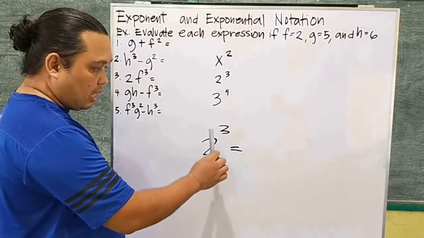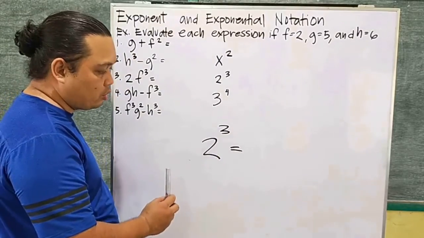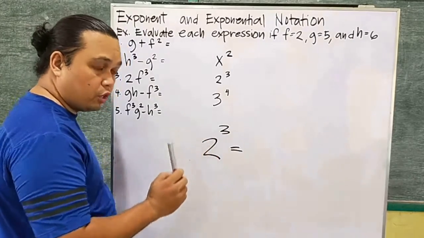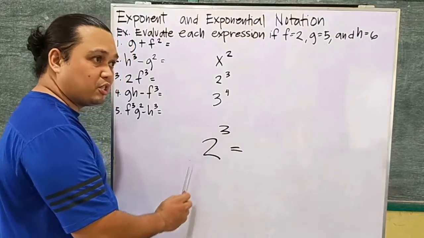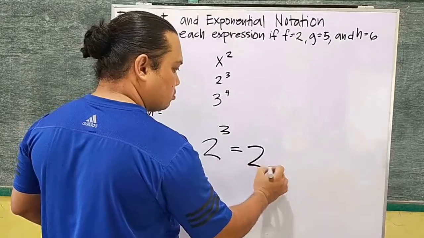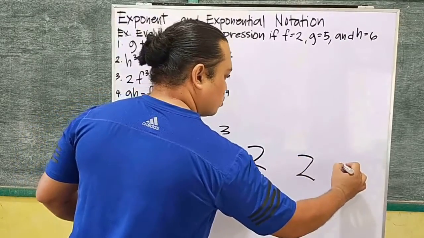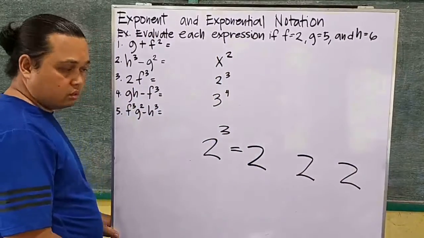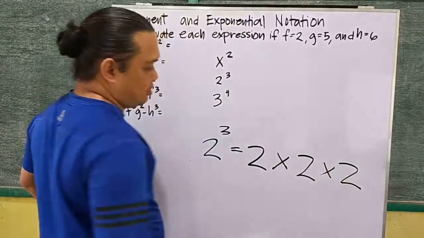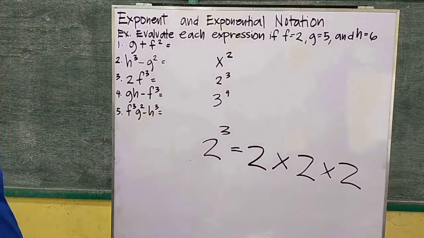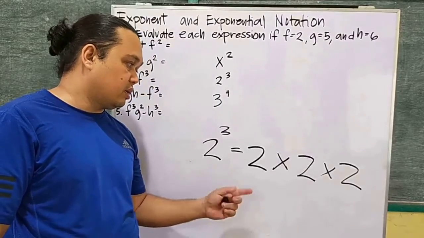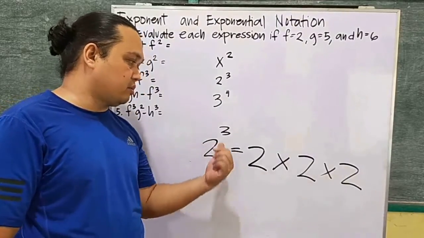We are going to multiply 2 by itself 3 times, or use 2 as a factor multiplied 3 times. So we have 2, 2, 2. How many 2s? 3. And multiply them: 2 times 2 times 2.